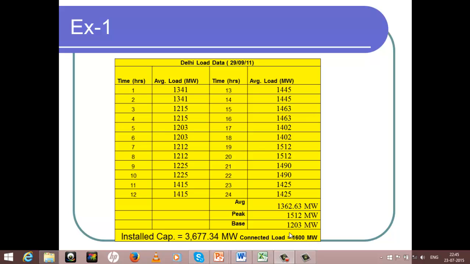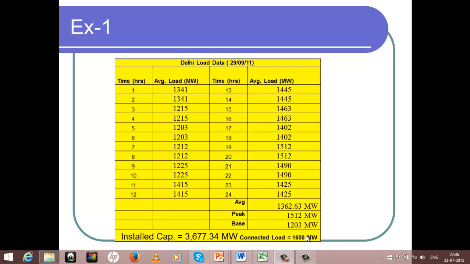There is a difference between the peak demand and the connected load. It is not mandatory that all the load of that particular area is in on condition, so that's why there is a deviation. In that particular area, the peak demand is only 1512 megawatt, and the remaining loads are in off condition.